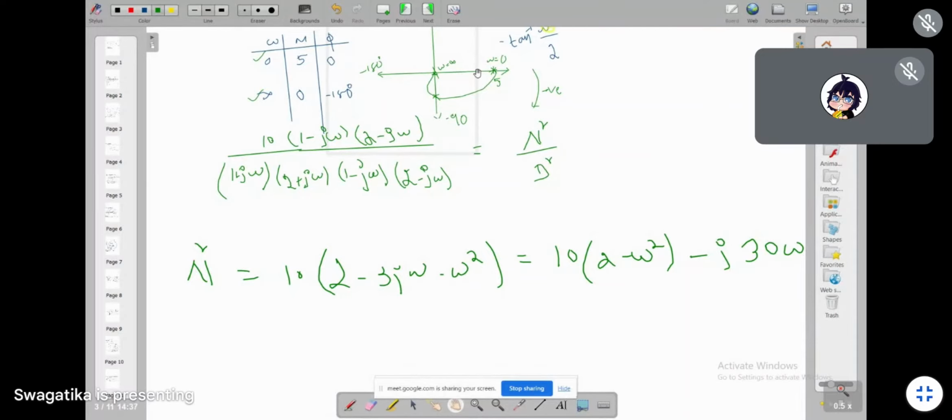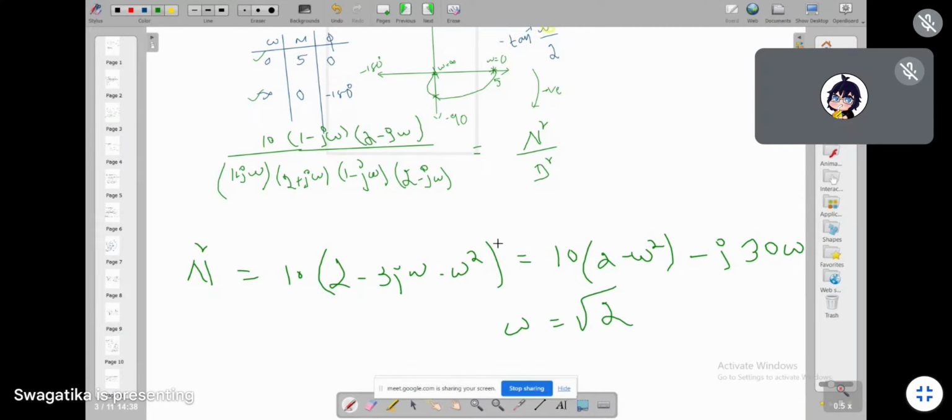Tell me. Ma'am, omega value is root 2. You are getting omega equals root 2. Very good. Then you have to put omega value root 2 in the magnitude.